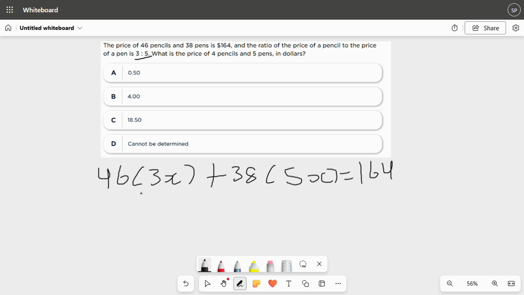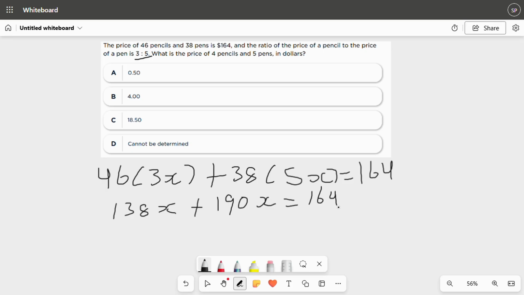Okay, 46 times 3 is 138x, and then plus 38 times 5 is 190x, equal to 164.